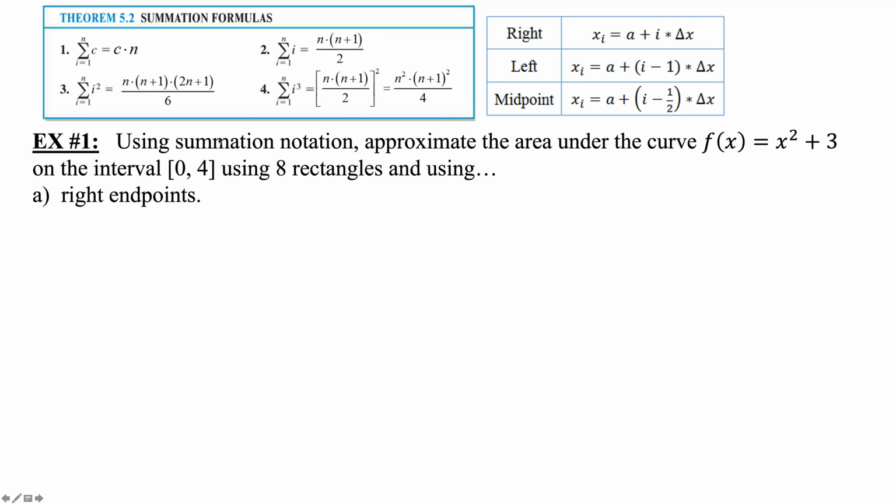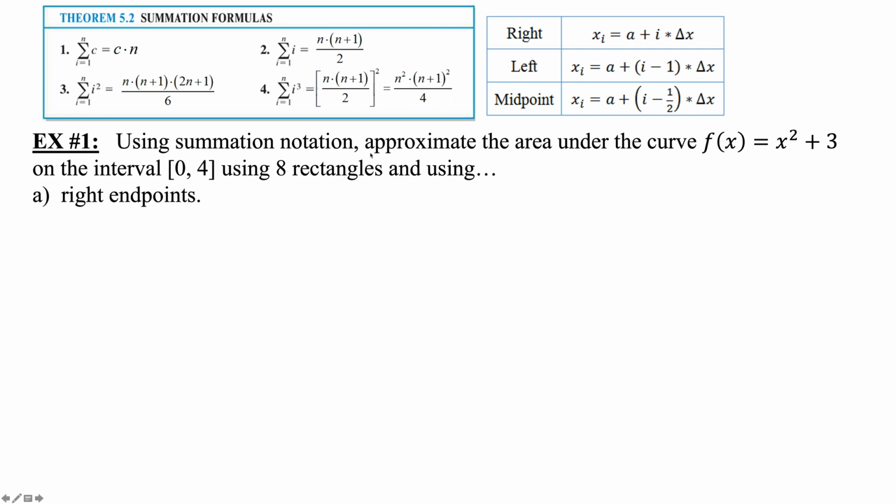With our summations here, these properties, these formulas, along with our right endpoint, left endpoint, midpoint, you can see why a lot of our formulas at the end of the last section's video wanted to use R sub n, because this is a nice, short, sweet formula that we're going to use. So let me demonstrate these three right here.